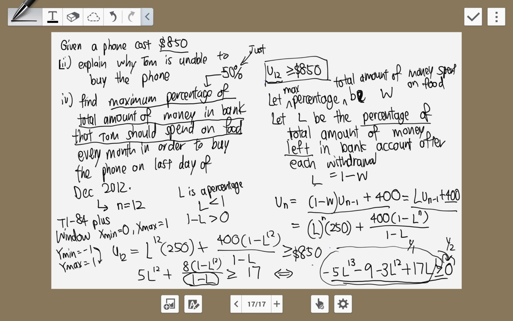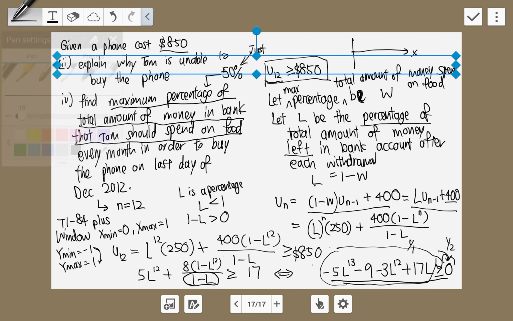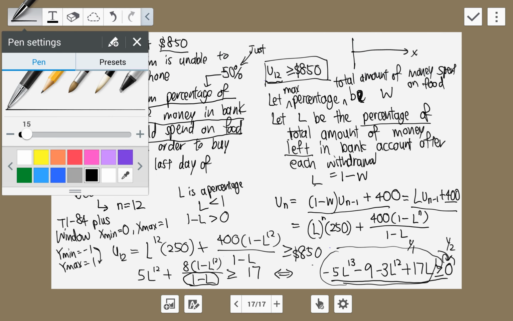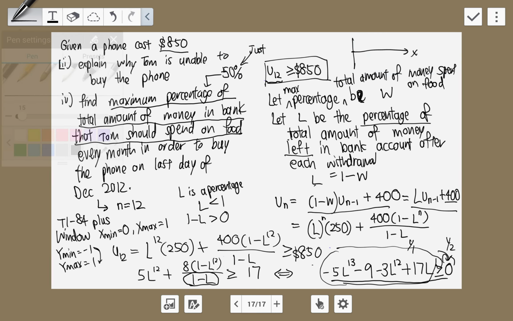When I graph it, I get a graph like this, where this is the x-axis, and a graph that is pretty straight. Okay, from between minus 1 and 1, it looks like a pretty straight graph. Okay, and the cutting point. So I will just use the calculator to find the cutting point.